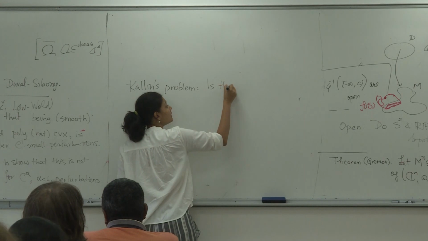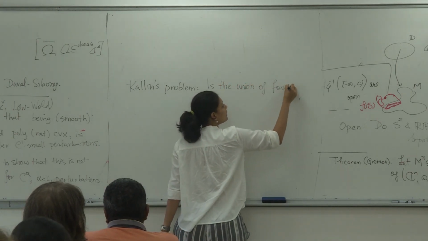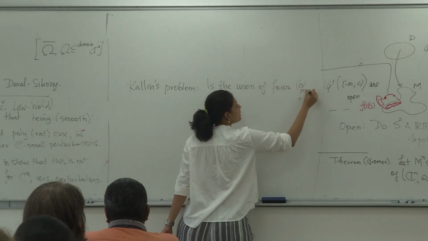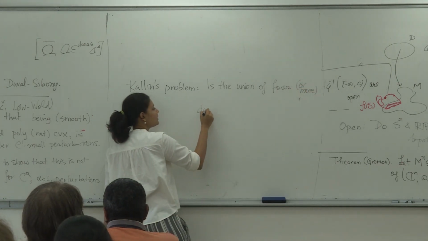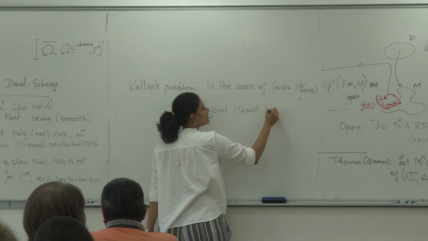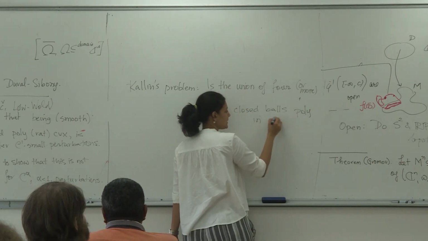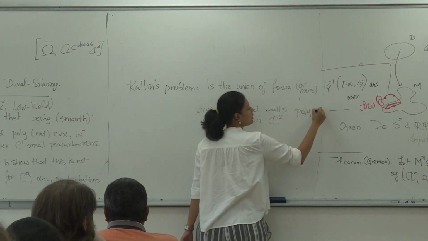Is the union of 4 or more disjoint closed balls polynomially convex? Balls in C2, let's say, polynomially convex.